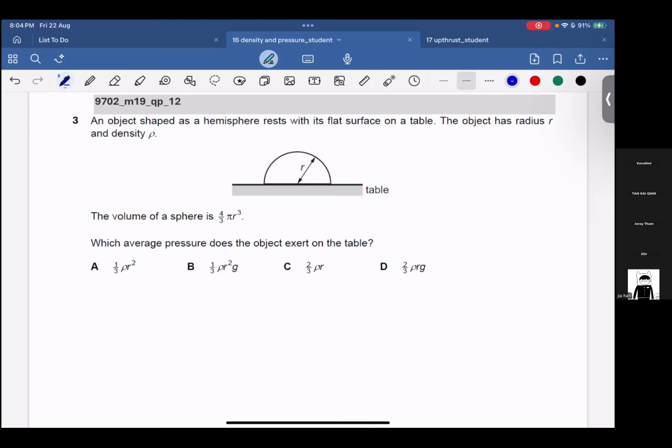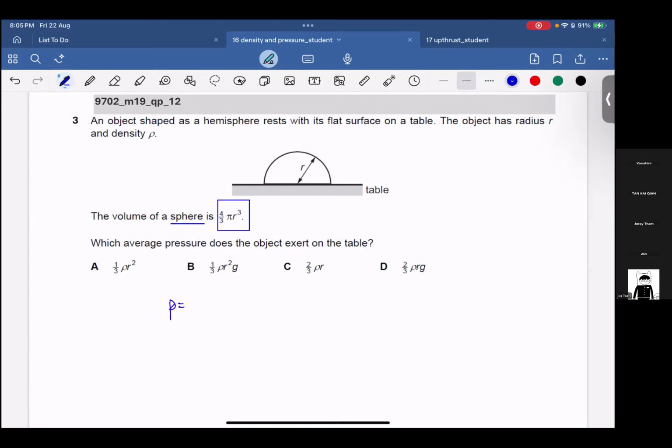Here, this one is the hemisphere, and they give the volume of a sphere. So nice, they give you the formula, but don't expect that every time they will give you. They can expect that you know about this volume. Farwell, correct, good job. Here we can calculate P, the average pressure.